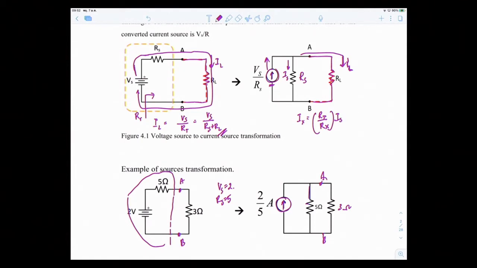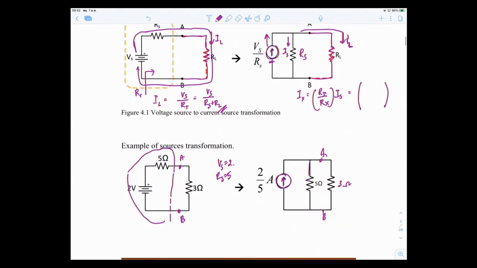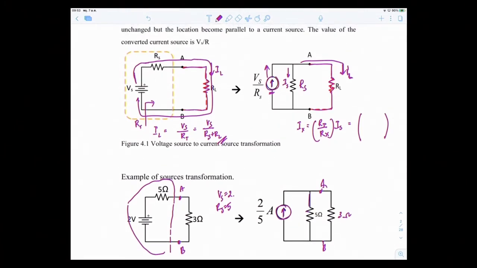In this configuration, IS is the current source, which is Vs over Rs. Your Rx is wherever IL passes through, so it's RL.